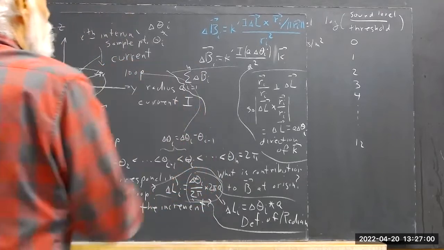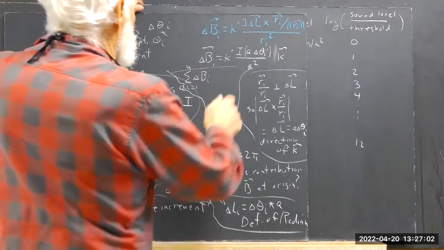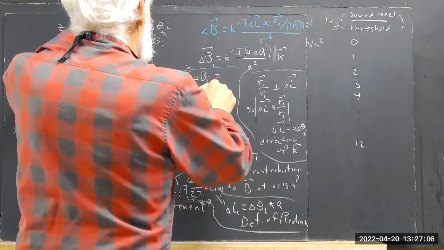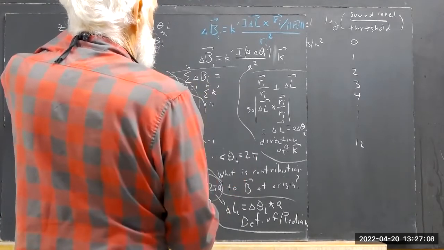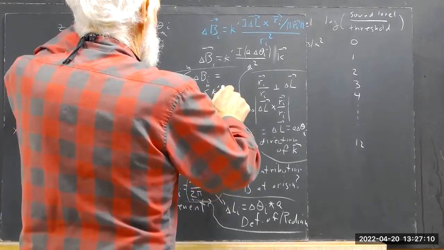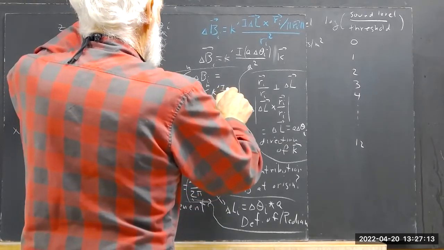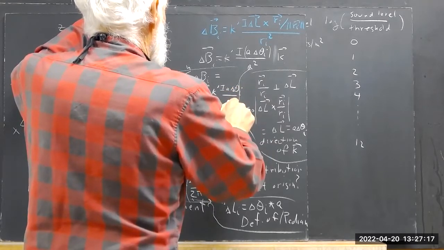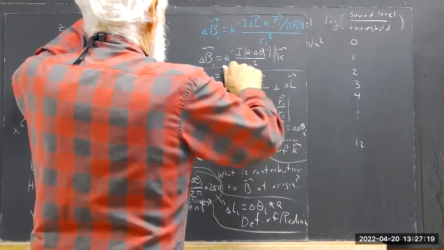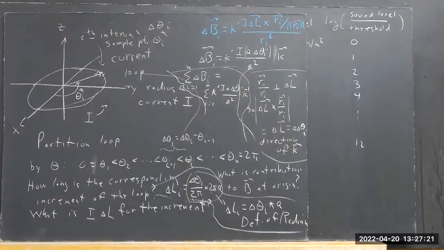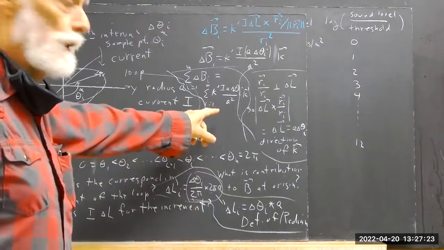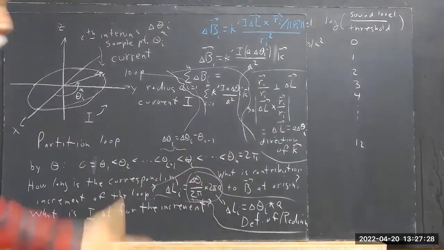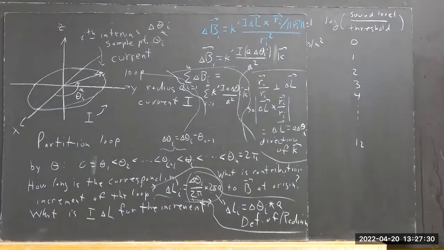The sum from i equals 1 to n of your delta B sub i's is the sum of K prime I A delta theta sub i over A squared times your K vector. Can you read that? What factors out of that sum?